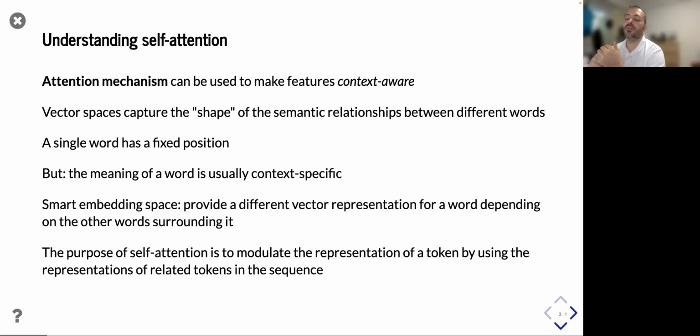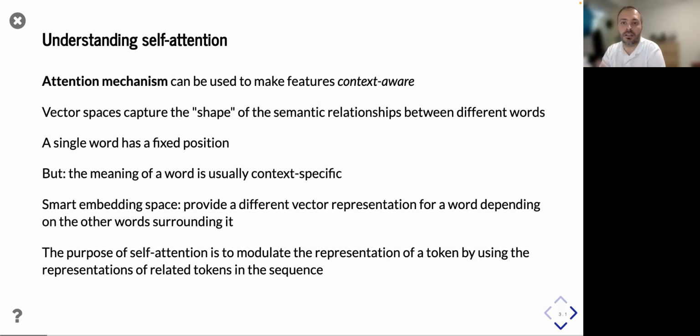Up to this point, we have already seen, for example, word embeddings, which create some vector space where each word has a fixed position. Of course, it captures the notion, the meaning of the word, but the idea here with word embeddings is that it's only a very specific point in the space. But the meaning of the word is usually context specific.